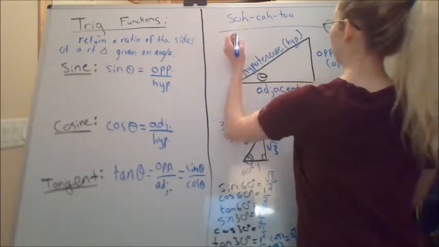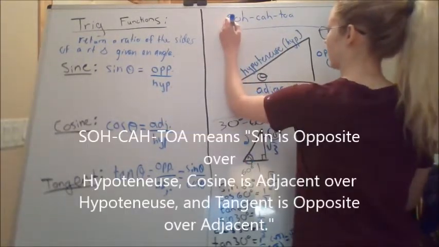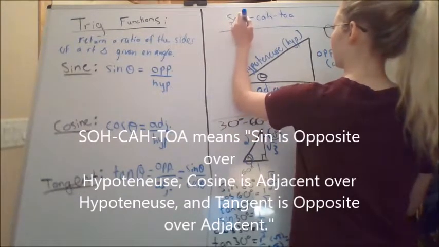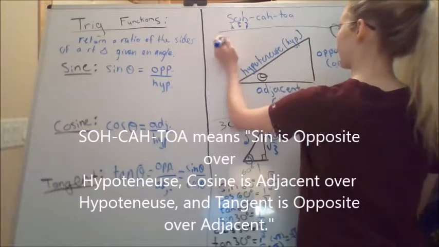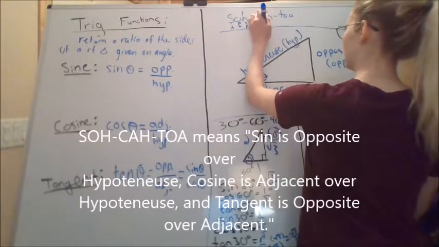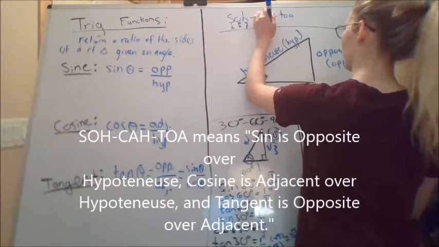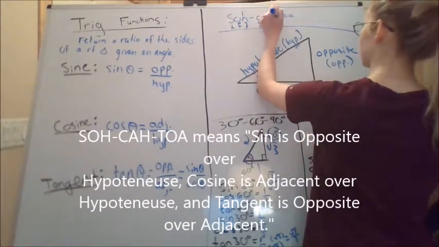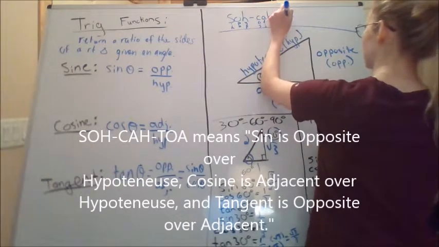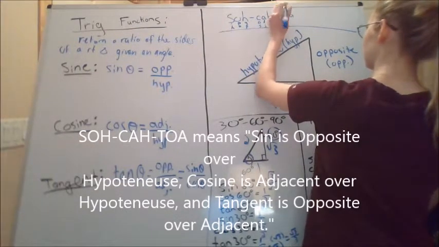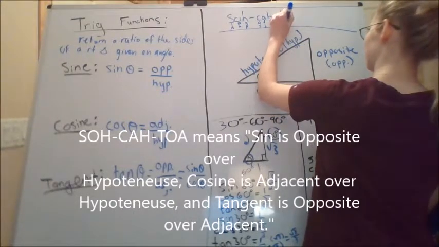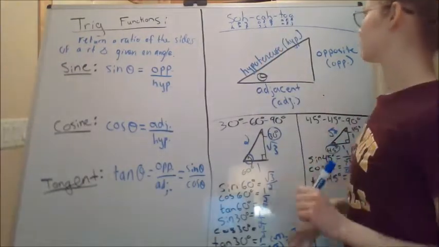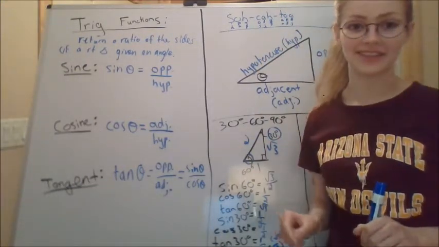SOHCAHTOA means sine is opposite over hypotenuse, cosine is adjacent over hypotenuse, and tangent is opposite over adjacent. So that's how you remember those. SOHCAHTOA. It's very catchy. So that's it.